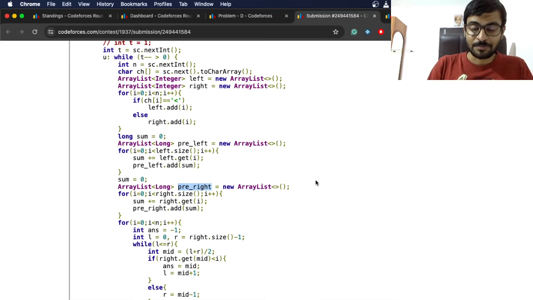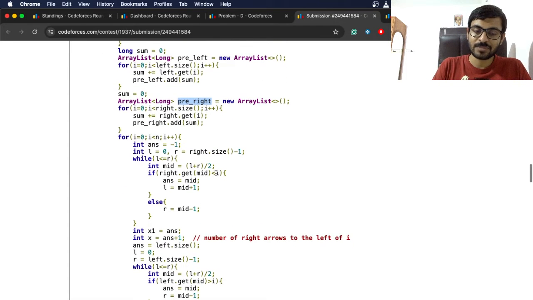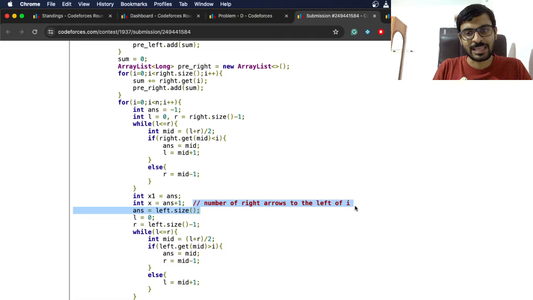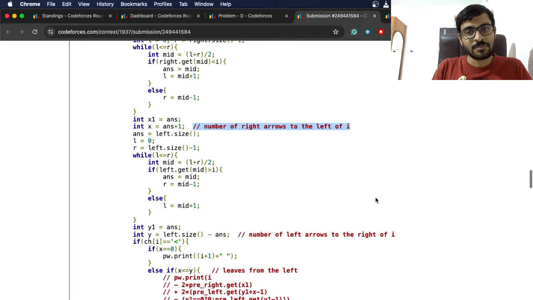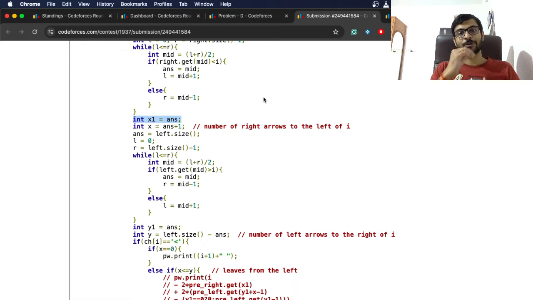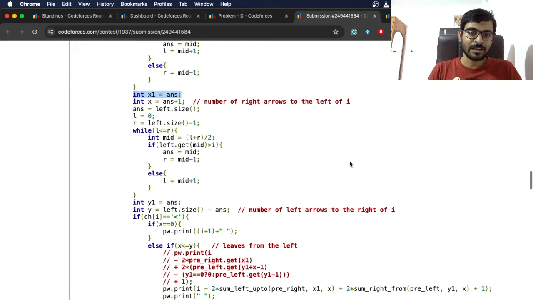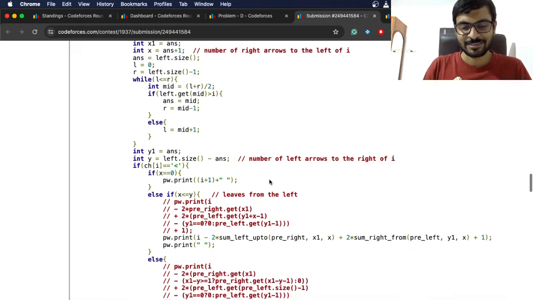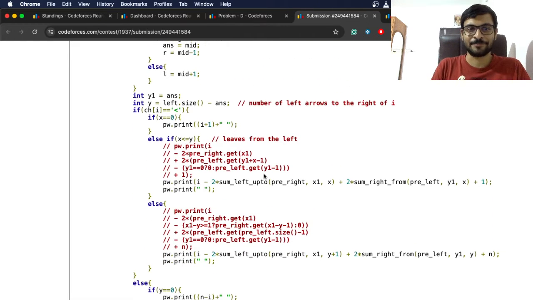Now for every position, I'm doing a binary search, though you can do 2 pointers also, to find out these two things: the number of right arrows to the left of I, and the last position of a right arrow to the left of I. Similarly, I found Y: the number of left arrows to the right of I and the first position of a left arrow to the right of I.